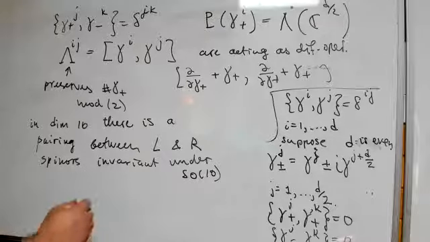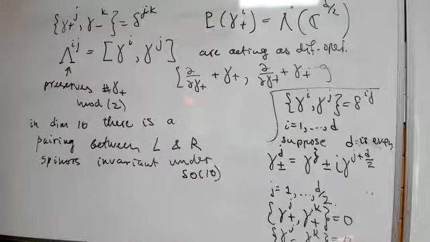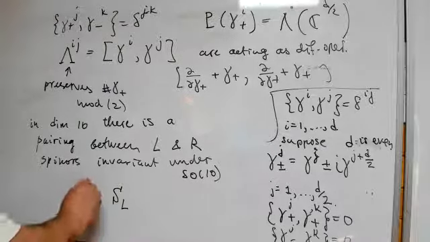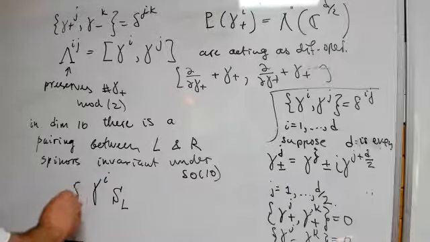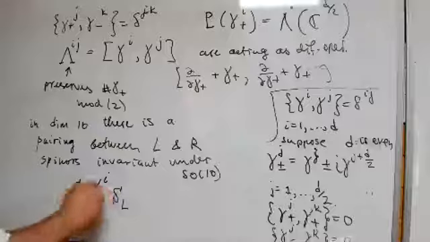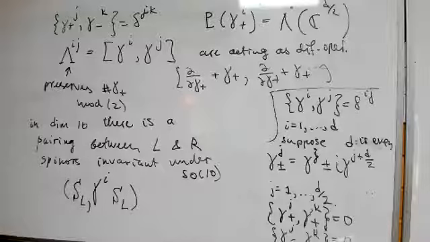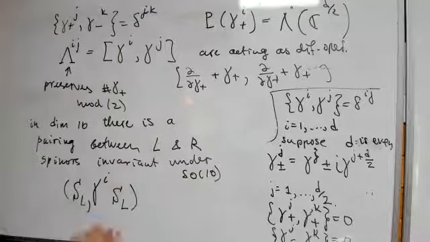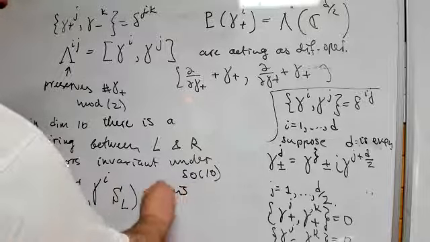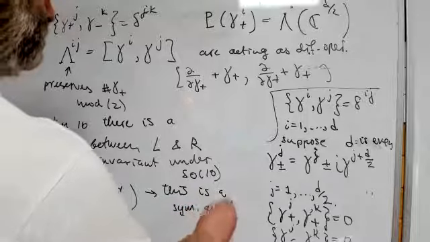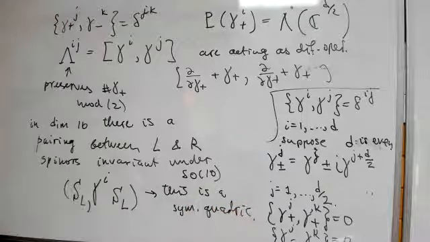Moreover, if we take a left spinor and apply gamma, it will be a right spinor. Then we take a left spinor and take this pairing. This is a symmetric quadric. It's a special property of dimension 10.